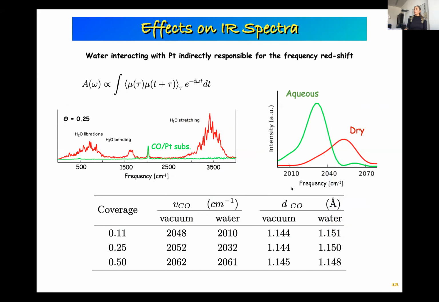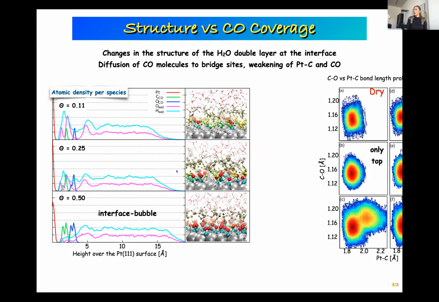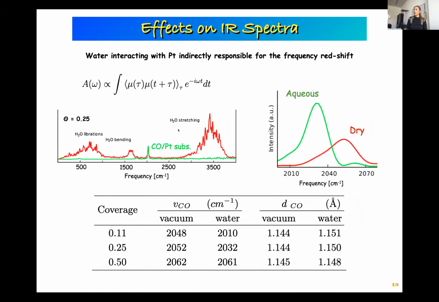What happens to the spectrum then? Oops, I missed the button again. Okay. Here you see the IR spectrum computed for this type of simulation, in particular for this coverage. And you see the CO peak here. So here there is a zoom. And here we distinguish between the peak we obtain in the aqueous environment and in the dry environment.